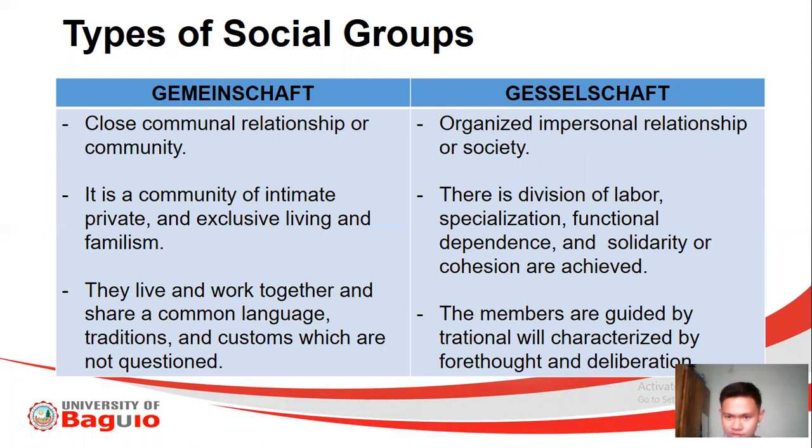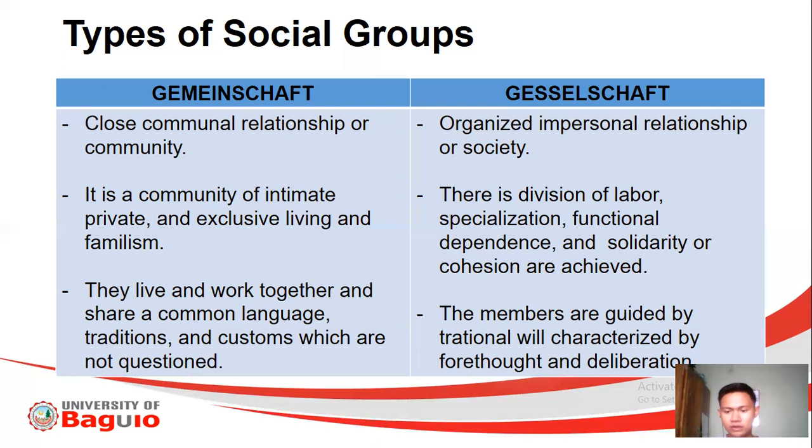So the same with Gesellschaft. There is no personal relationship. There is no intimacy. So magkakasama lang kayo in a certain place at the same time. So still next, there is a division of labor, specialization, functional dependence, and solidarity or cohesion are achieved. So meaning, it is more applicable in your own workplace.